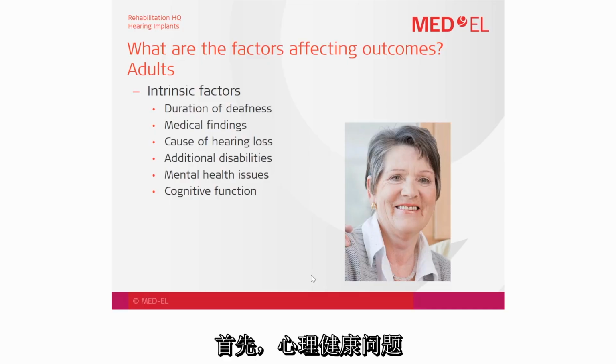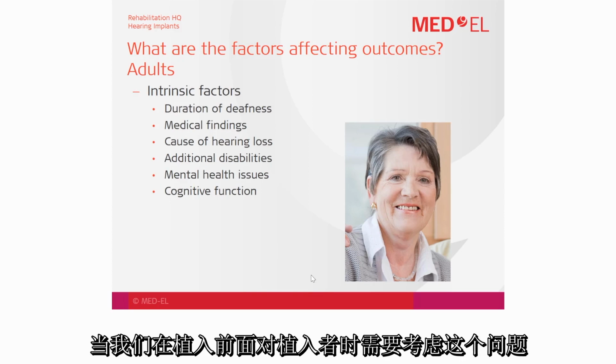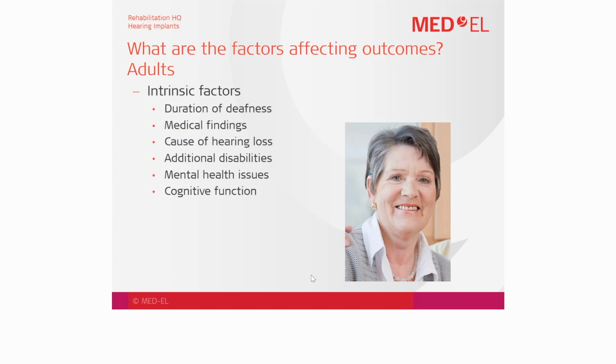There are two extra things that we need to be thinking about, though, specifically for our adult population of recipients. First of all, mental health issues. We do know that in the population of adults with significant hearing loss, there is a higher level of mental health issues. So we need to be thinking about that when we meet our recipients pre-implant.